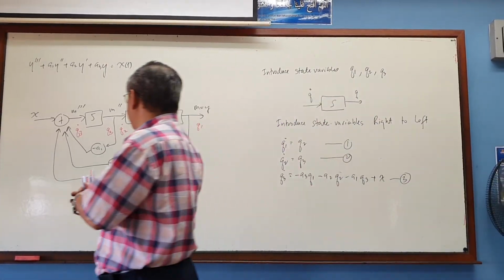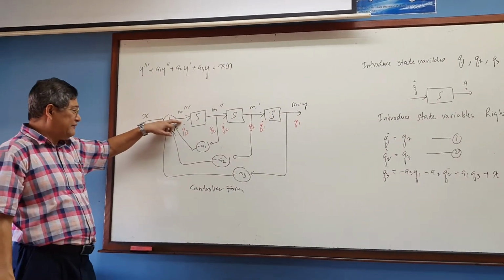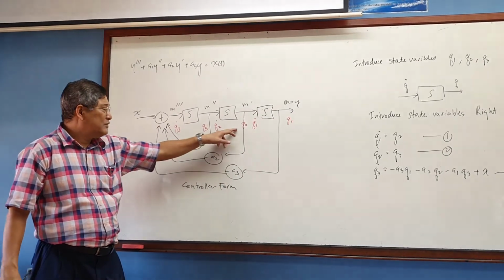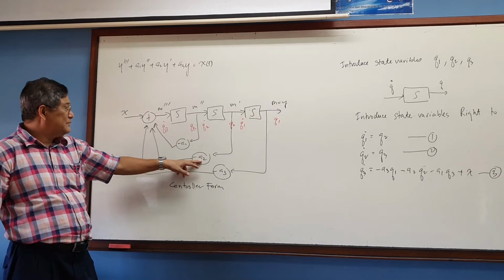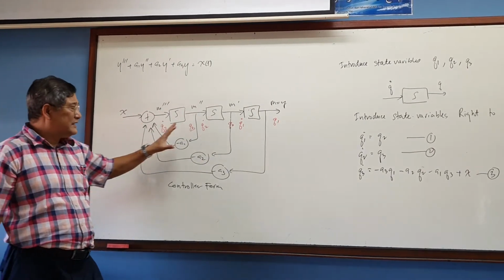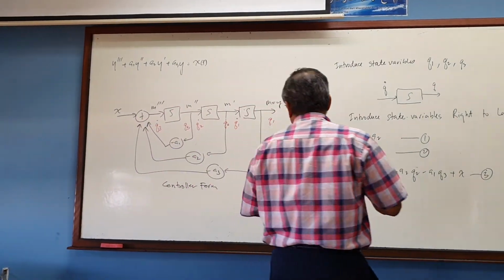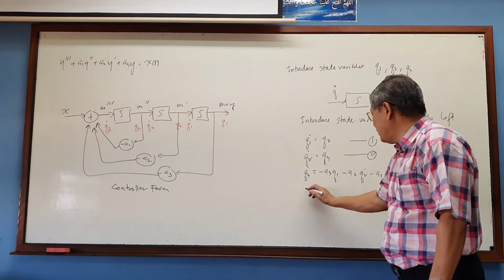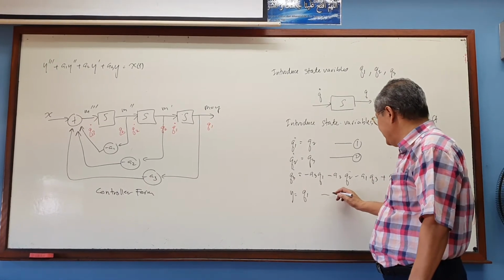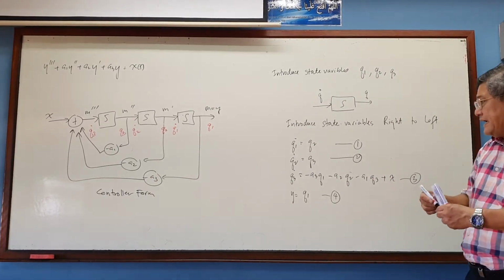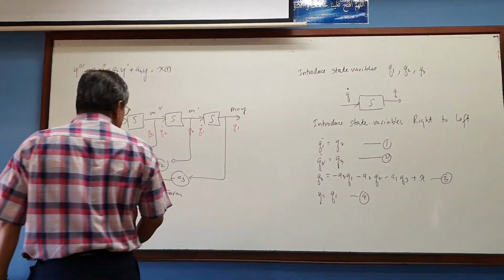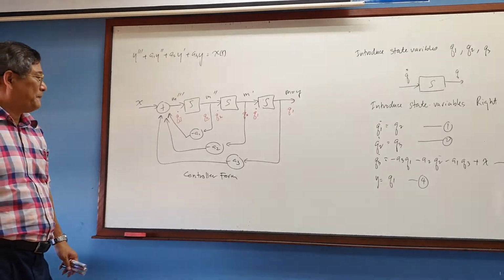So Q3 dot is basically Q1 multiplied by minus A3, Q2 multiplied by minus A2, Q3 multiplied by minus A1, plus dx. So this is the third equation. Then the output y: you observe the output y is equal to Q1. So this will be the fourth equation, and we form the state space equation as introduced before.